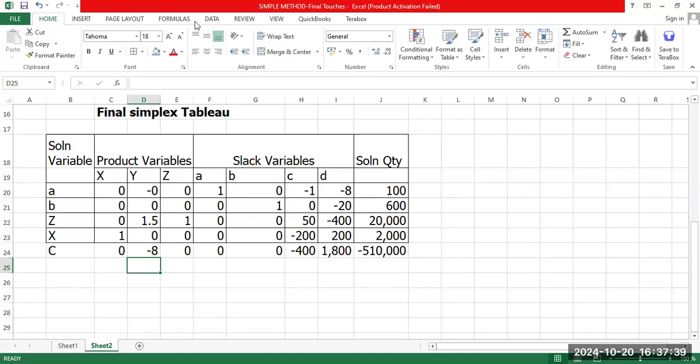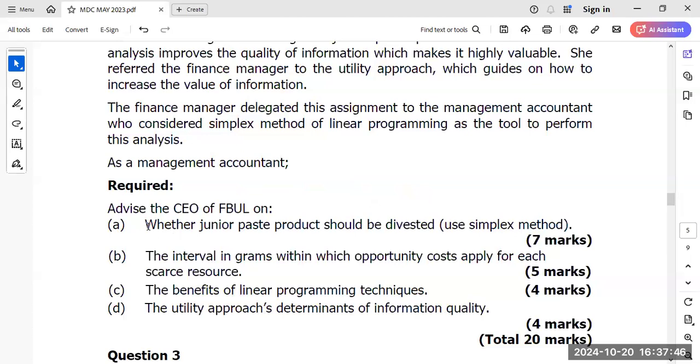That is part A of the question, before you go to the range. The question says, advise whether junior paste products should be divested. You advise the CEO of the company on whether junior paste products should be divested.